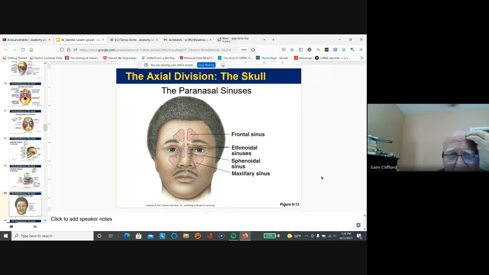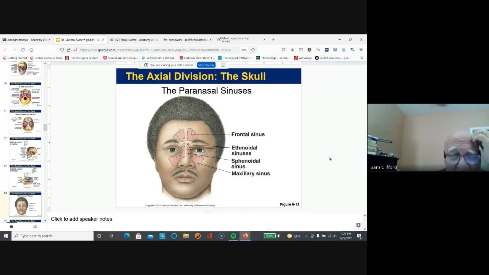Sinuses, their purpose is to give ENT something to do and get infected. So everybody probably knows that already. I hope nobody has sinus infections. Sometimes ENTs have to actually drill into these sinuses and drain them. So who knows what they're for?